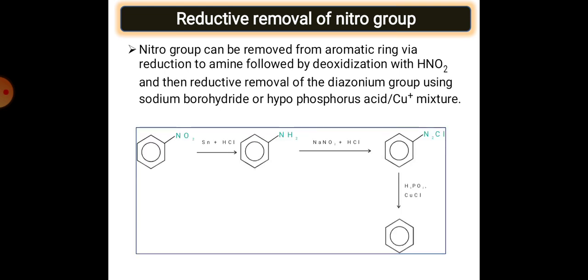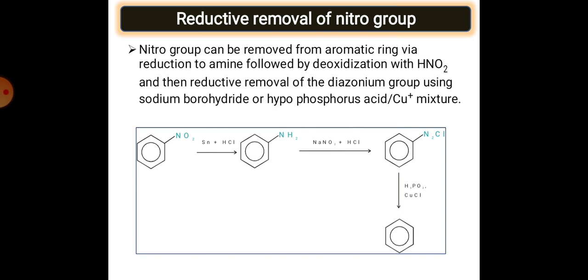This is the beauty of these reactions. First of all, nitrobenzene is an oxidized form, and NO2 first converts into NH2 in presence of a metallic acid, that is Sn/HCl or Fe/HCl. That NH2 will be converted to a diazonium salt. You have the chapter called diazotization or diazonium salt.